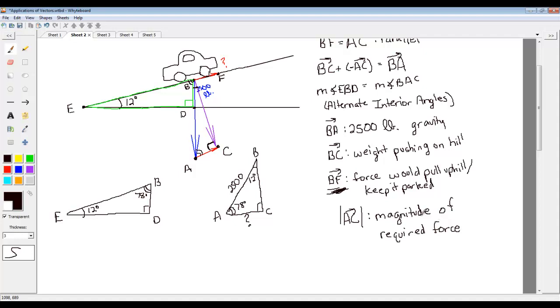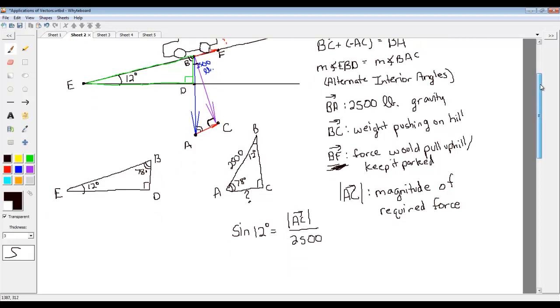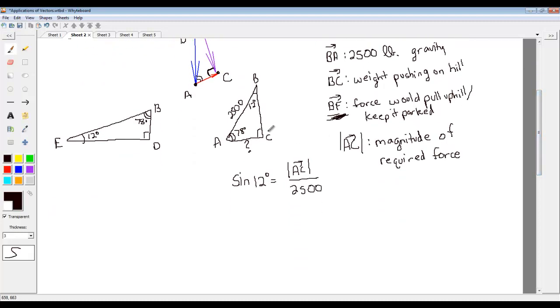So back to the math. If we look at this triangle, and we're trying to find AC, we can use the law of sines, or not even law of sines, just sines. The sine of 12 degrees is going to equal the magnitude of AC over that 2,500. Ooh, it's even easier. You don't even need law of sines because it's a right triangle.